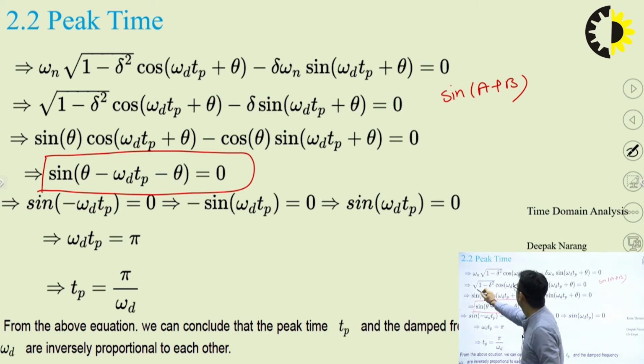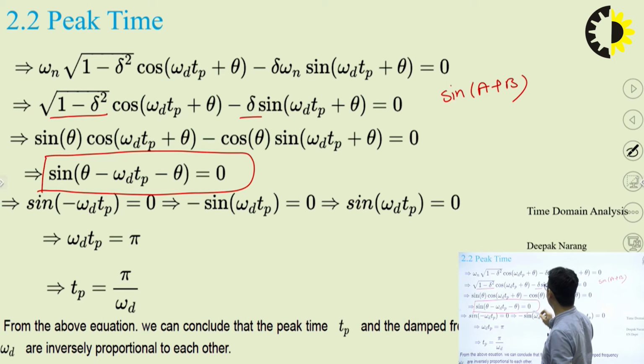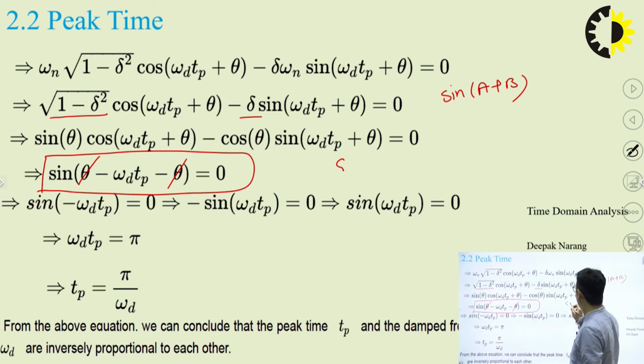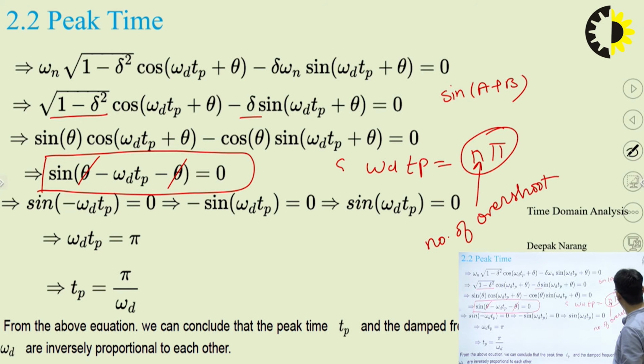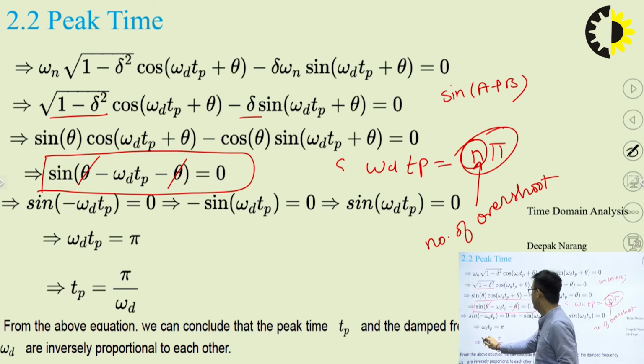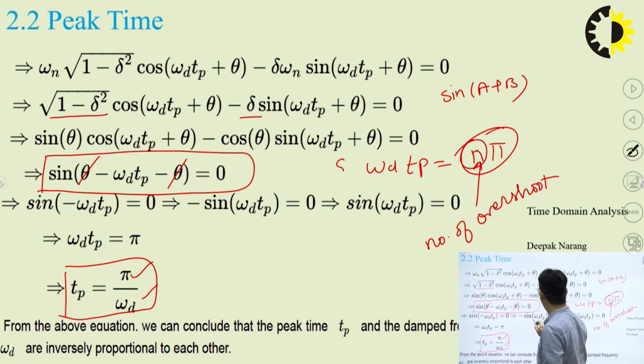By replacing this as sin theta and this as cos theta, we get this relationship, and this theta is cancelled out with this theta, and we get omega d Tp equal to n pi, where n is the number of overshoot. It will keep on changing with the overshoot value, or for maximum overshoot we take n equal to 1 and we get peak time equal to pi upon omega d.